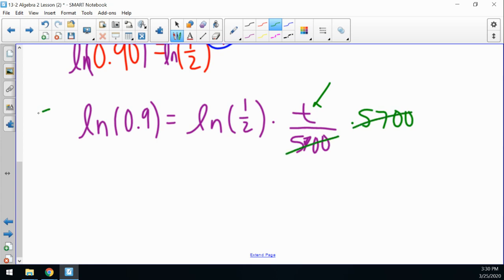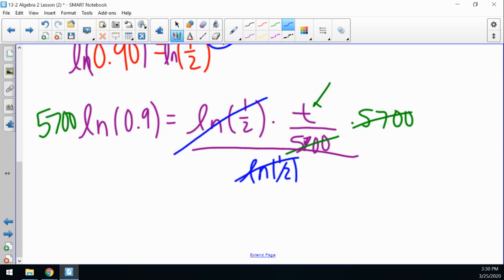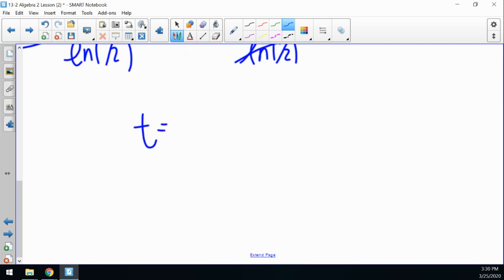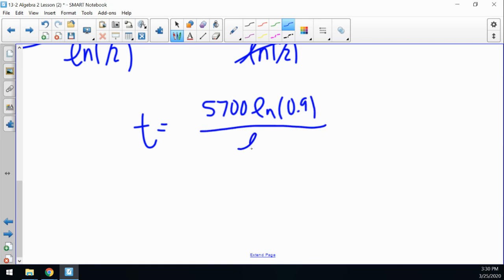That goes away. And then I'm going to divide by ln of 1/2, because then those cancel out. And so that means our T is going to be 5,700 ln of 0.9 all over ln of 1/2. And that's just a number we can put into our calculator.